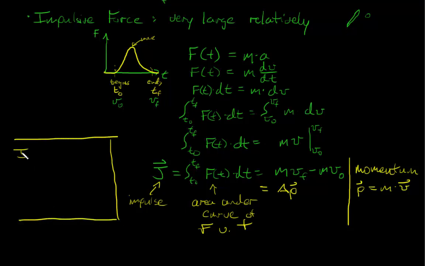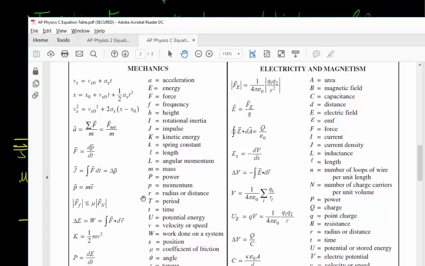This is the impulse momentum, the momentum principle. This definition here, with the delta p, is on the equation sheet. I think I have it up. Let's see. Yeah, right there. So your impulse, the area under the curve, is the change in momentum.